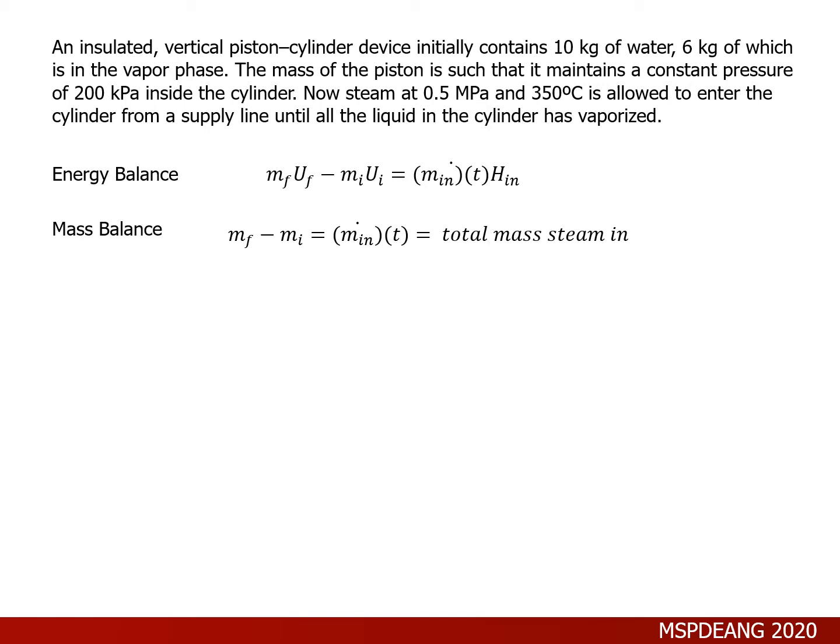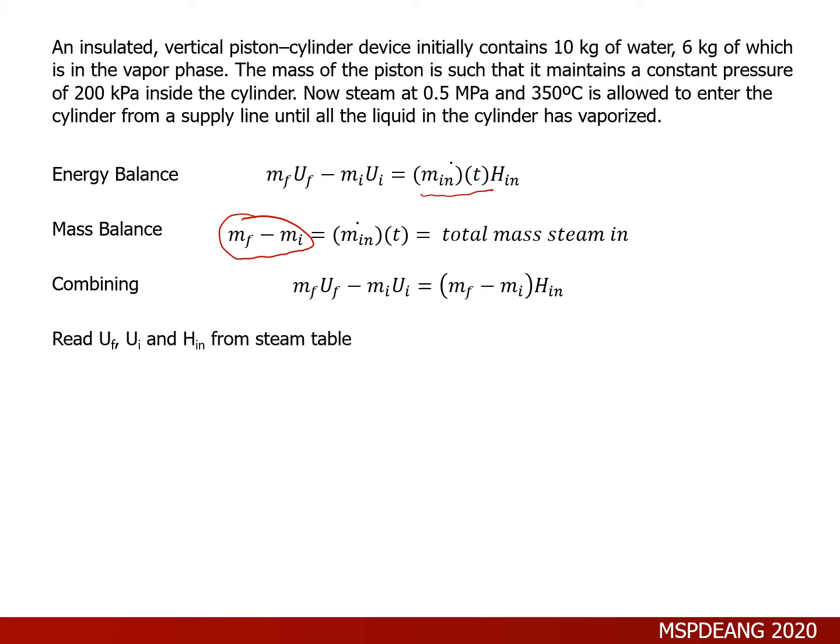So based on our mass balance expression, we can replace the term m dot in times t from the energy balance expression with mf minus mi from our mass balance equation. So combining the two, you will now get mf uf minus mi ui is equal to (mf minus mi) times h in. And in order to solve this, we now have to read uf, ui, and h in from a steam table.